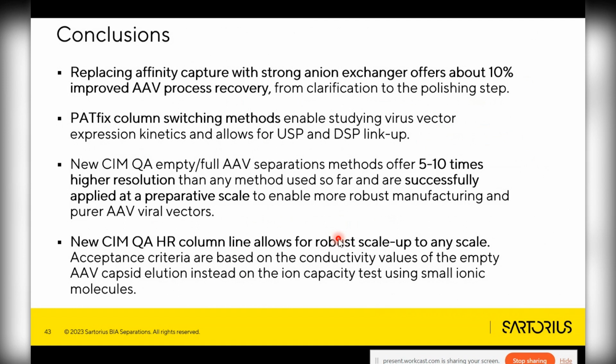Pay attention, the recovery you need to check on the second column, because if you destroy your particle on the affinity, the PCR will still show you very nice recovery, but the centrifuge later on will show you that some of these particles are destroyed. The PETFix which we put together, we believe it's a very powerful tool for process development, for in-process control. You can also use it for product release tests, but really the primary goal of this machine is to provide much faster process development.